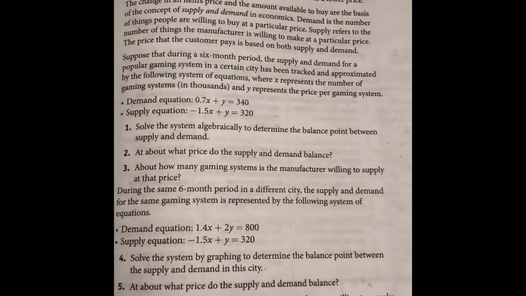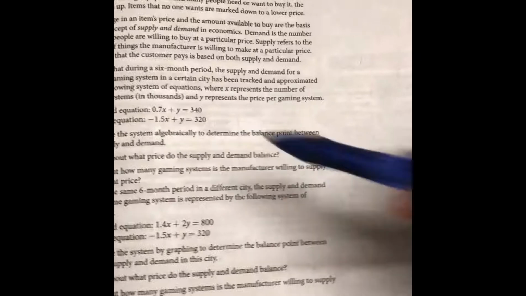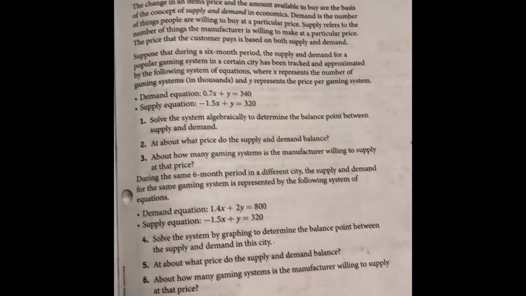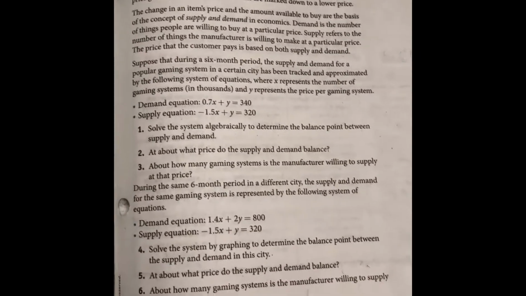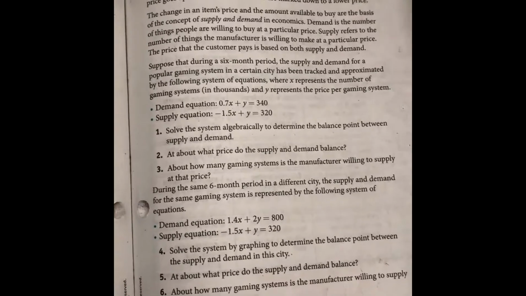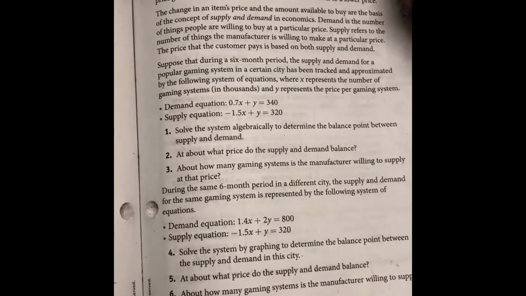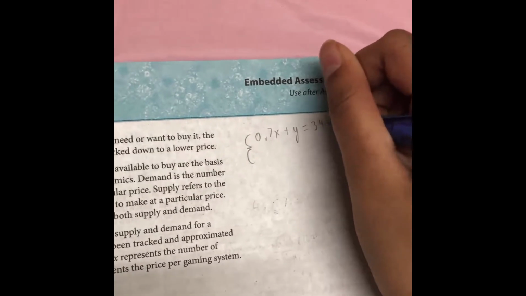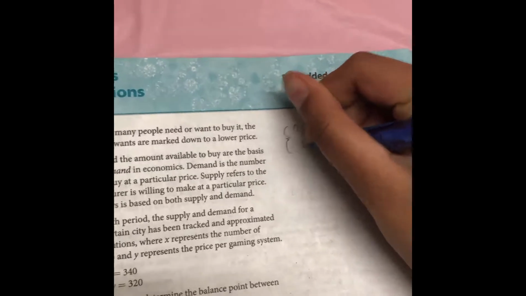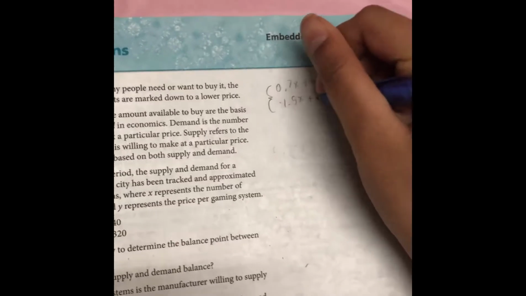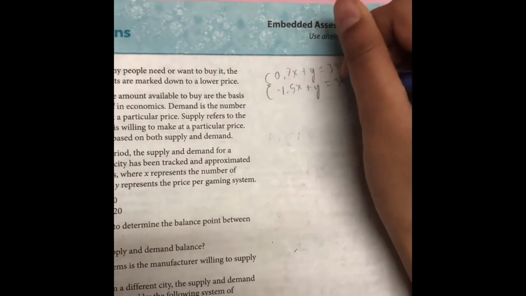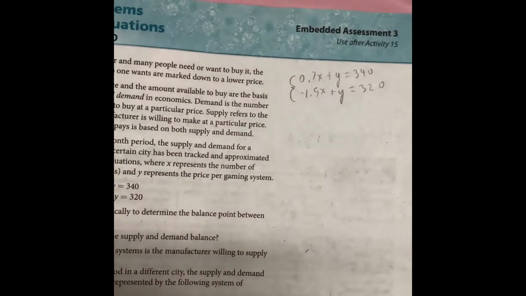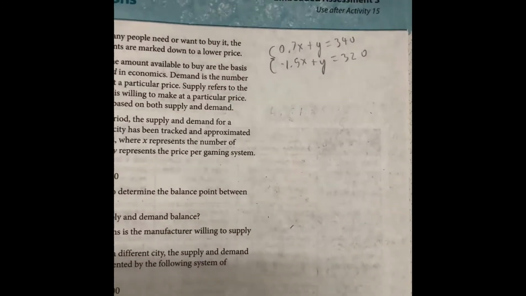So let's model the situation. Since it's a demand and supply equation, let's make them into a system of equations. So let's do 0.7x plus y equals 340 and negative 1.5x plus y equals 320.